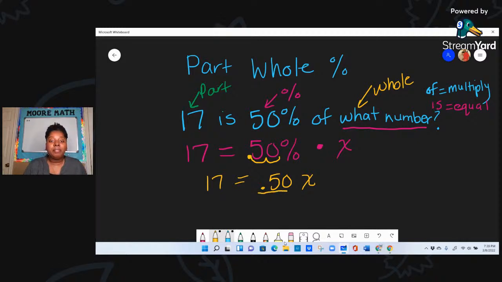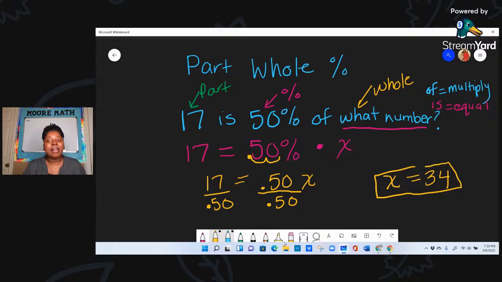To get rid of this 0.50, we're going to divide both sides by a half, which is the same as multiplying it by 2. So x equals 34. 17 is half or 50% of 34. And that's how we find the whole amount.